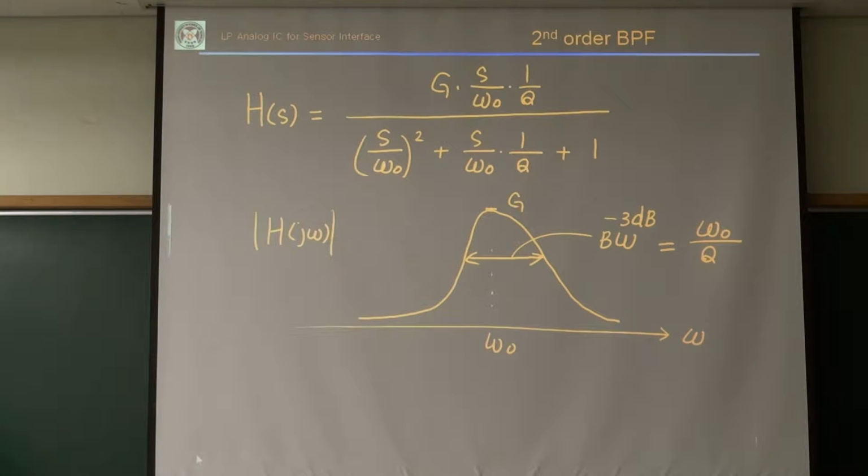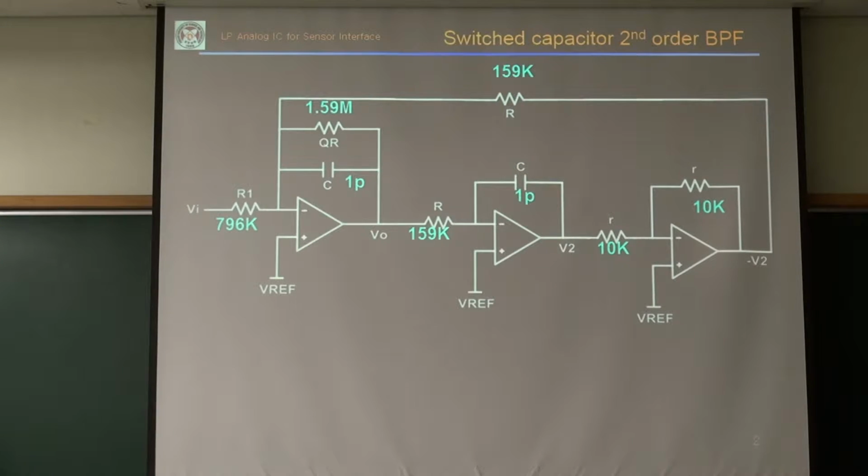Actually, we synthesized this transfer function into an active RC filter. So this is an active RC second order bandpass filter. So input Vi is applied there. Output Vo is taken from here, this node.